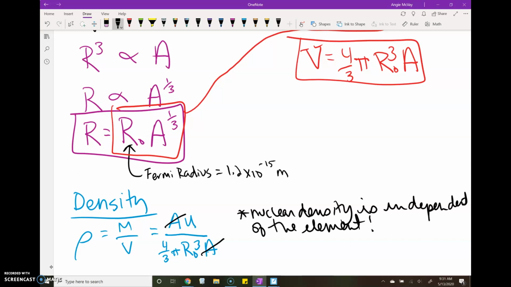And that's a giant deal. Different elements will have different masses, obviously, but their nuclear densities are the same.